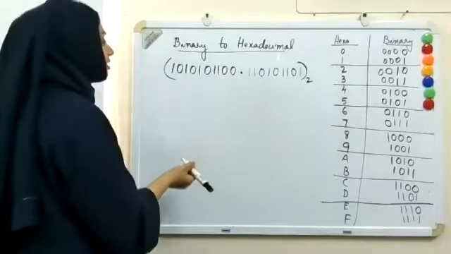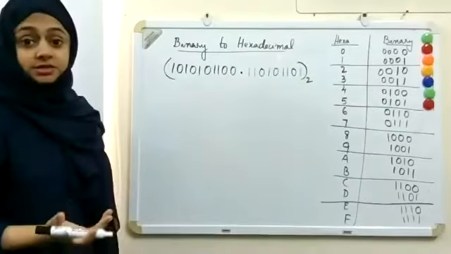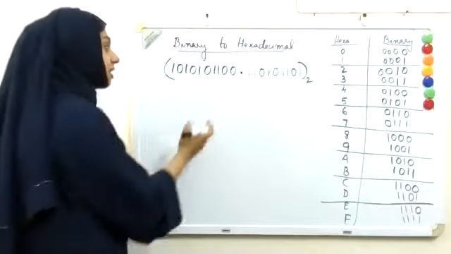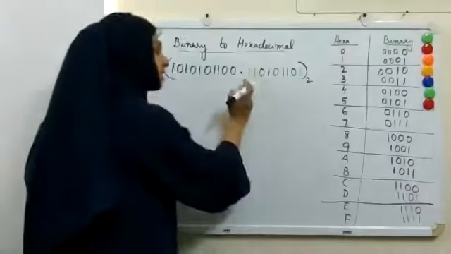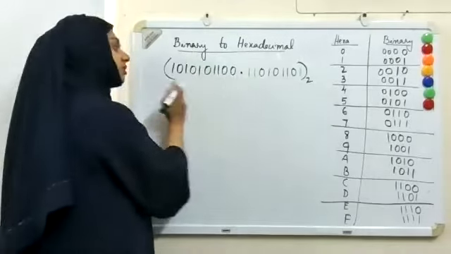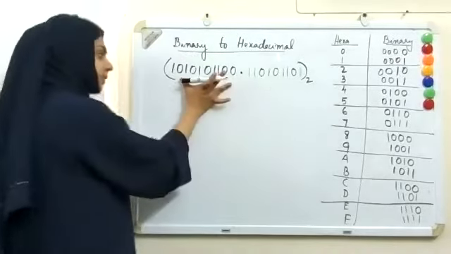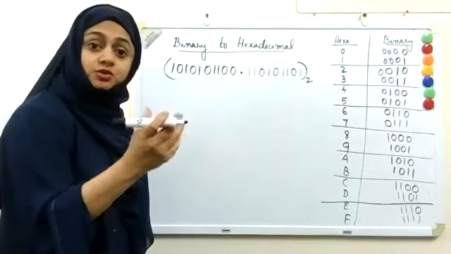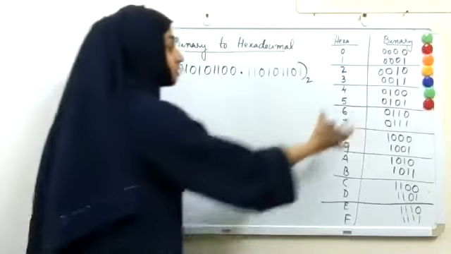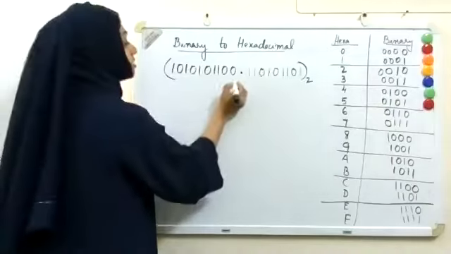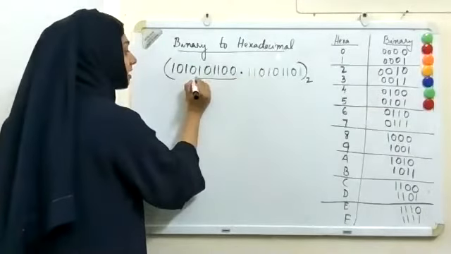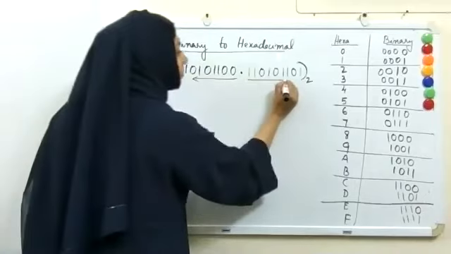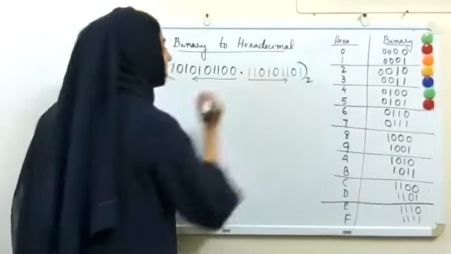Now we have to convert this to hexadecimal. We have to take the digits before the point and after the point separately, and classify them into groups of 4 because we are taking 4 digits here. Before the point, I will start classifying in this order, and after the point, in that order.